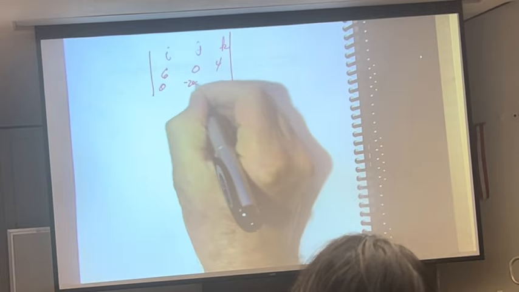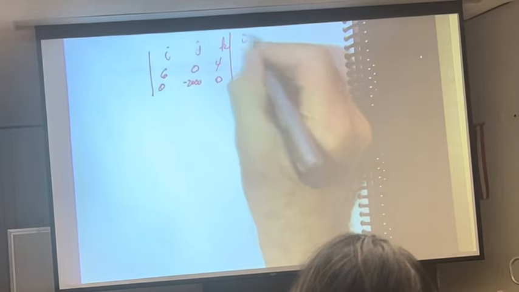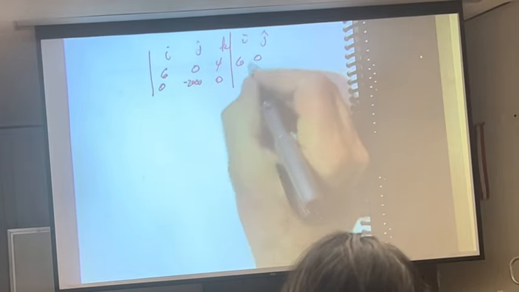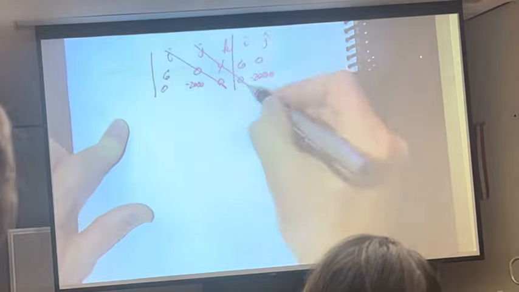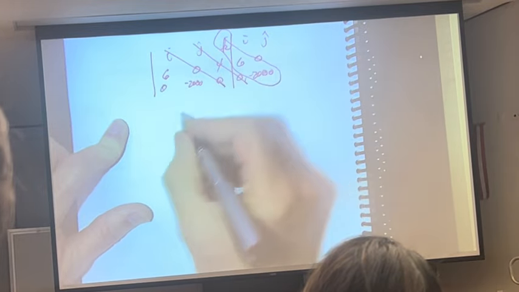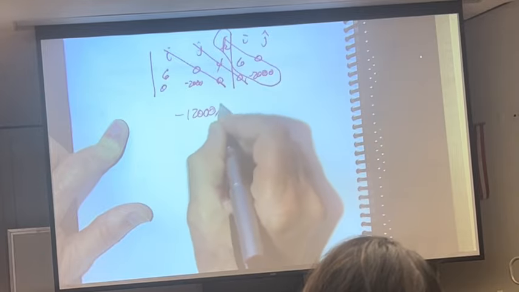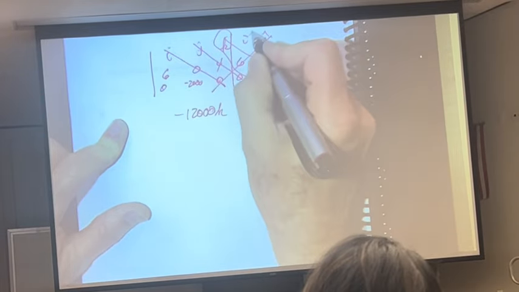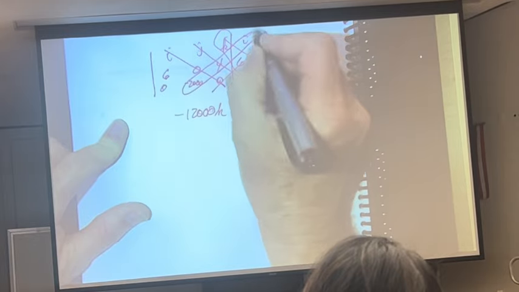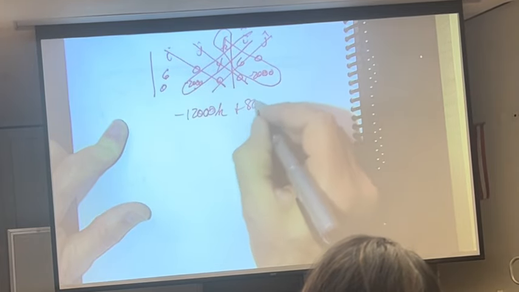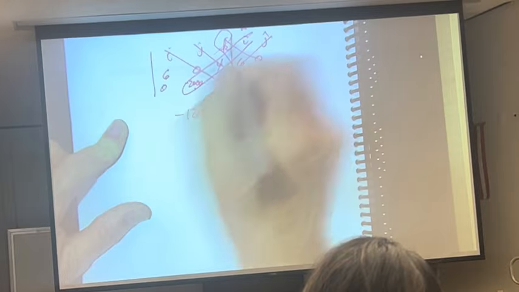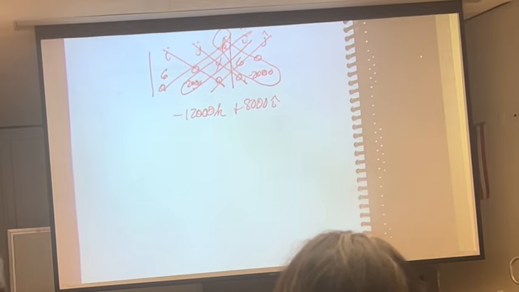So 0, minus 2,000, 0. Extend the 2 columns over, 6, 0, 0, minus 2,000. That's 0. That's 0. This is minus 12,000K. That's 0. This is 8,000, but since I'm going this way, I'm going to put a negative. Negative, negative makes it a positive 8,000I. That's 0. Did I prove it for you?